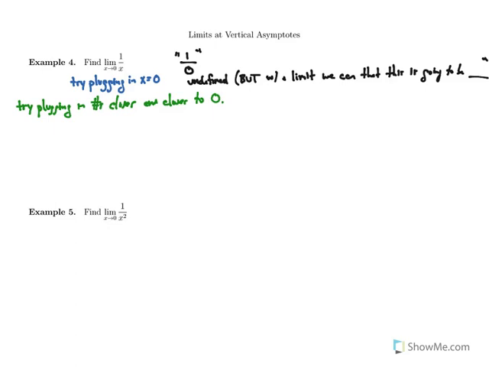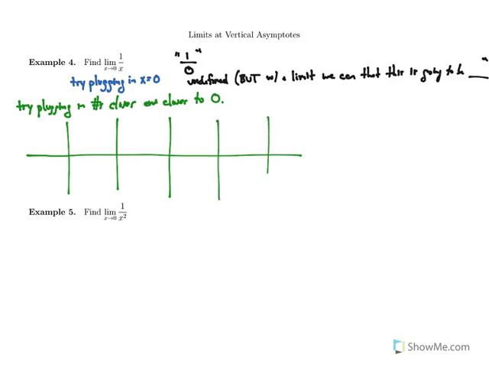So let's make a little chart here. 2, 3 things on either side. Let's look at plugging in 1 and -1. Let's plug in 0.1 and -0.1, and 0.01 and -0.01. So that's getting closer from the left and from the right.